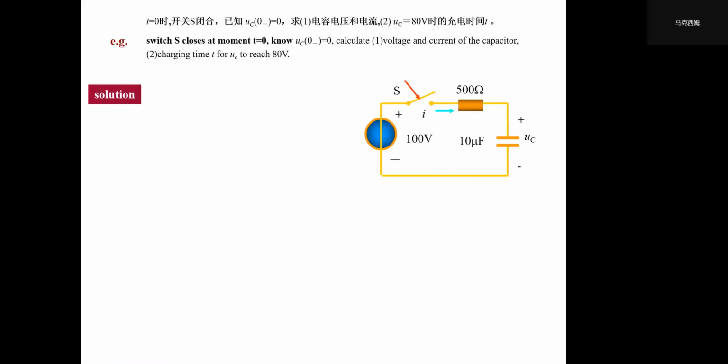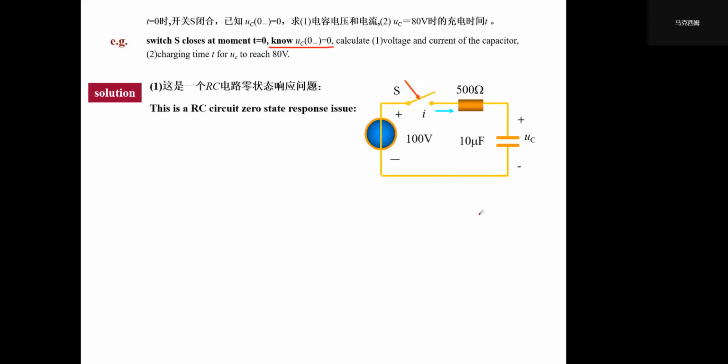So let's do it. From what we learned before, we know that it is a zero state response problem, so it's very simple. There's only one resistor and one capacitor, so its time constant RC equals 5 times 10 to the negative 3.